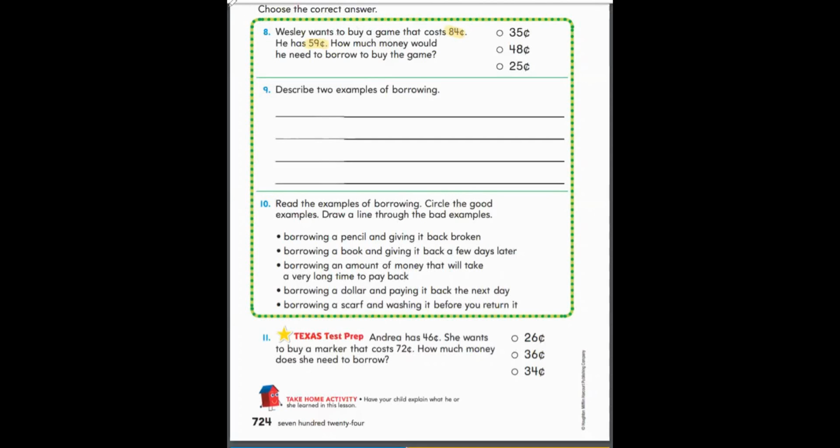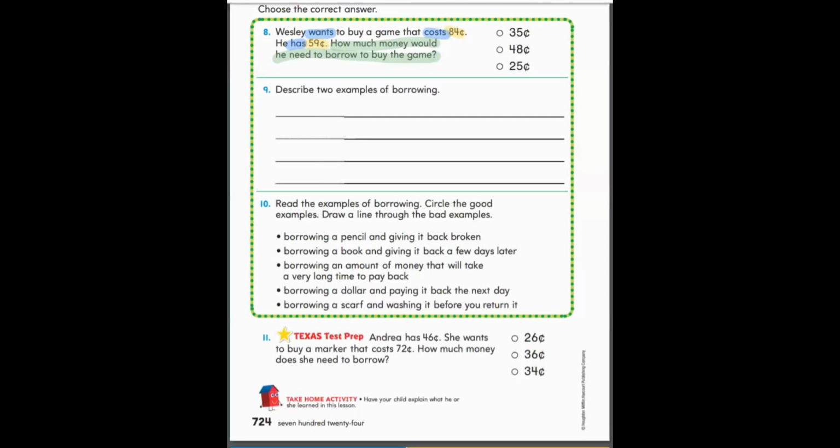Now, let's do the question. How much money would he need to borrow to buy the game? Okay, now keywords. The game costs 84 and he has 59.